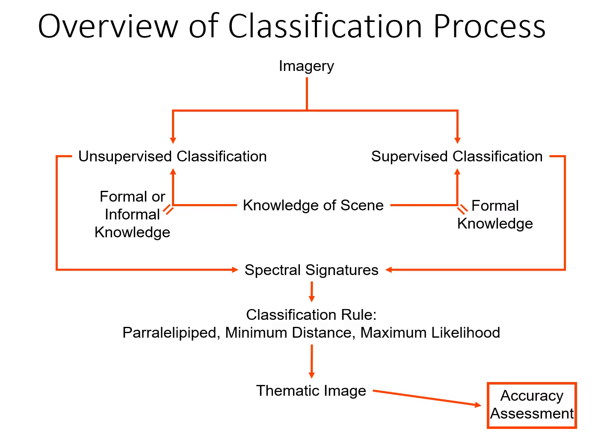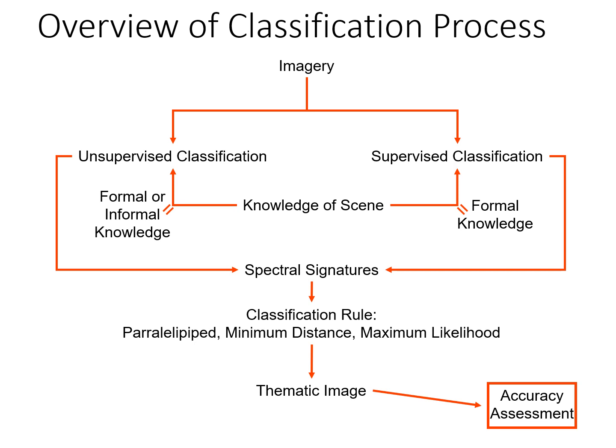So here's an overview to give you a sense of what goes on when we're doing a classification. Obviously, at the top, we're starting with imagery. But then a little bit further, I've got knowledge of the scene. And depending on what your knowledge of the scene is, there are 2 types of classification.